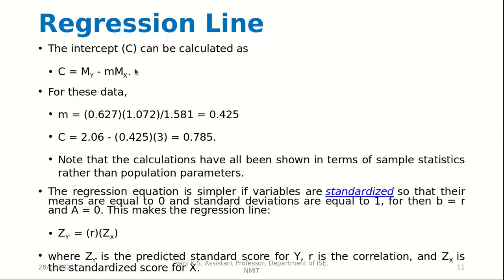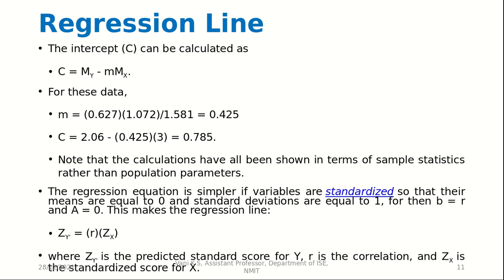After calculating m and c, the regression equation is simpler if variables are standardized, so that their means are equal to 0. If the variables are standardized, their mean will be equal to 0 and the standard deviations will also be equal to 1.